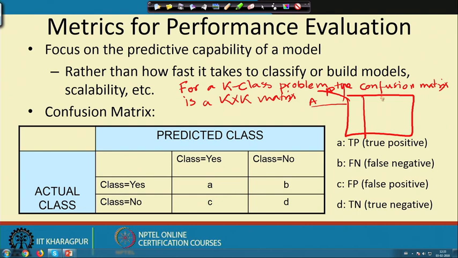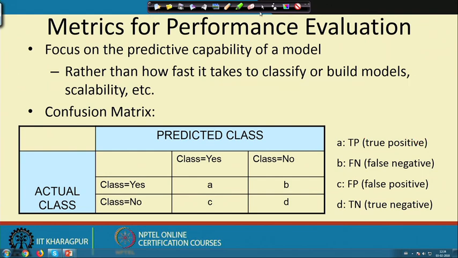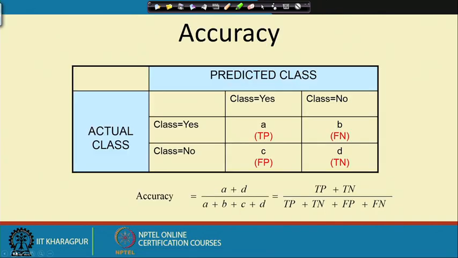So, you have class 1, class 2 and so on. I can extend this concept and the diagonal is the correctness. So, this is the fundamental thing.